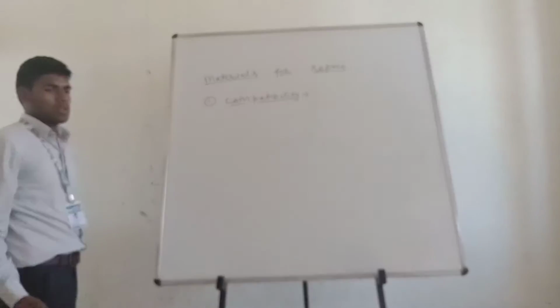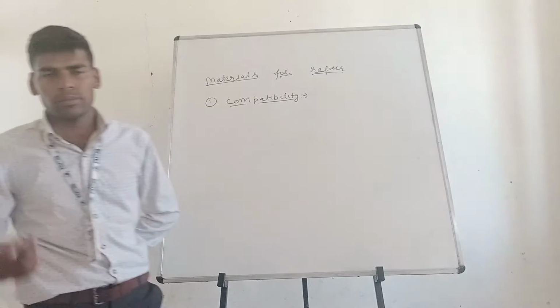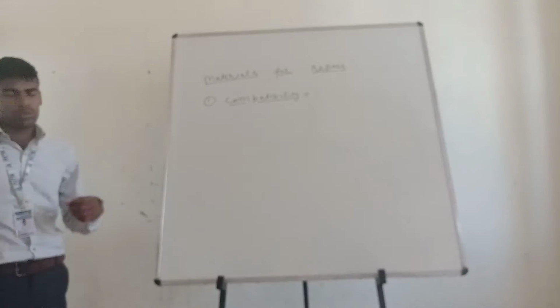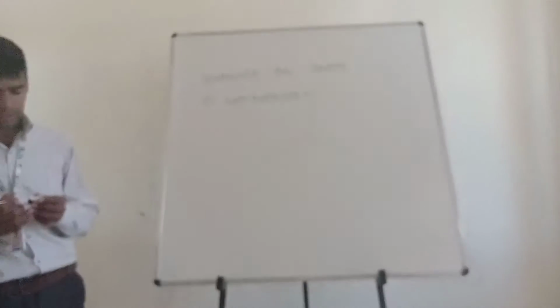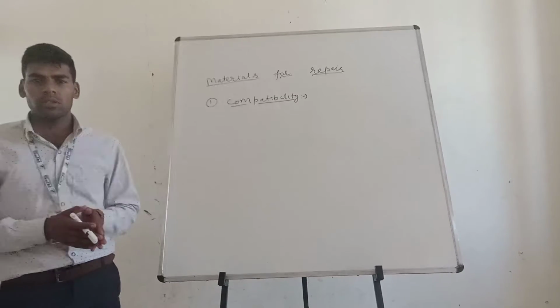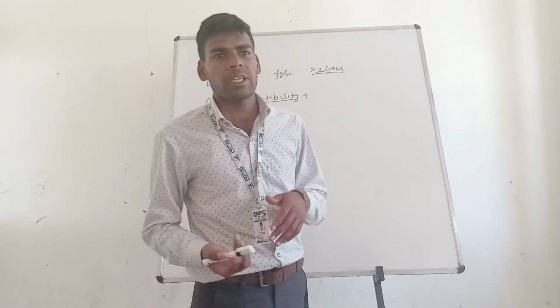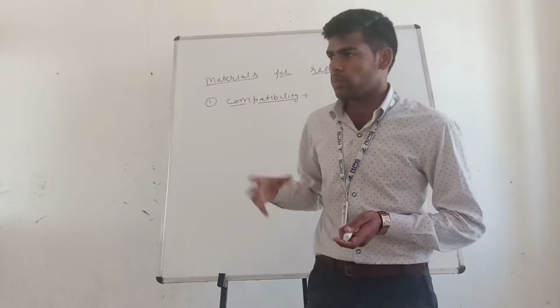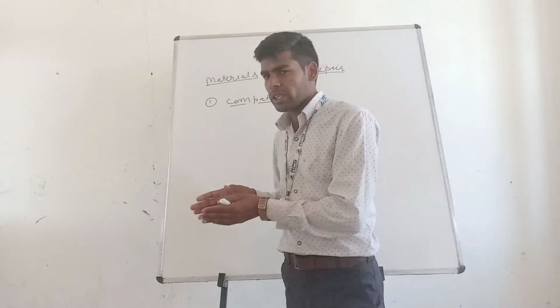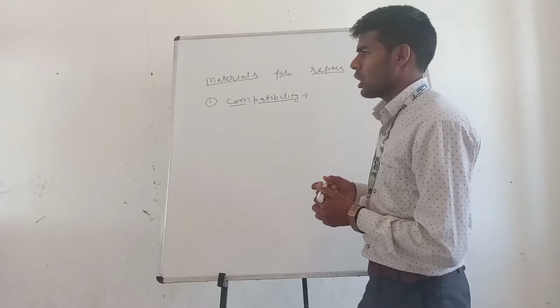Compatibility is the agreement with that material, on which it says how it is matched with our original material, or the material which is used in building, and the material of repair. Both are how much similar.